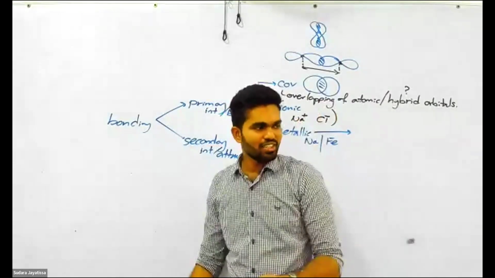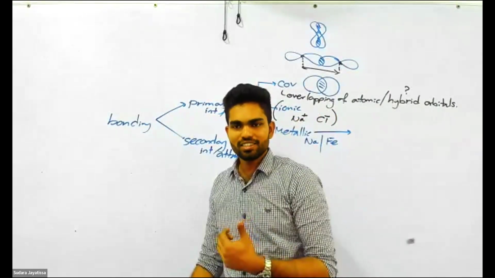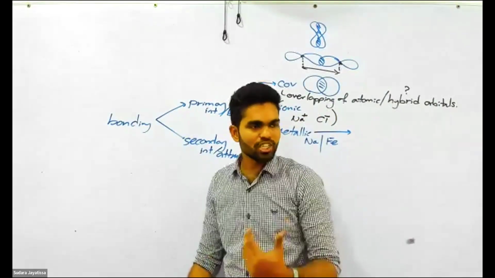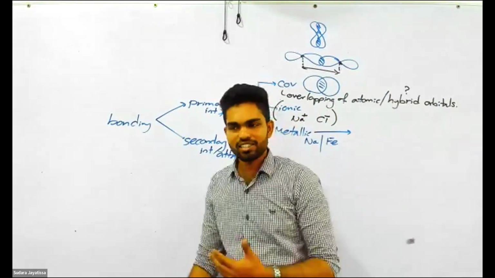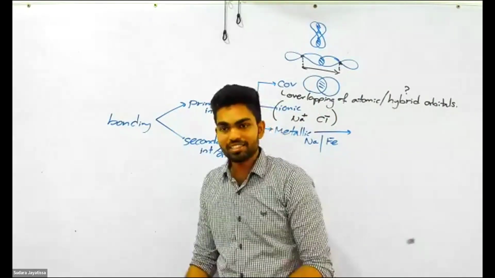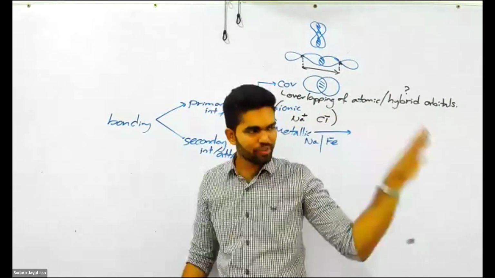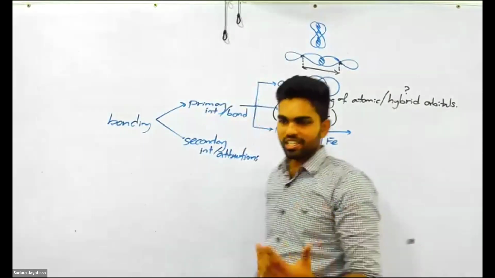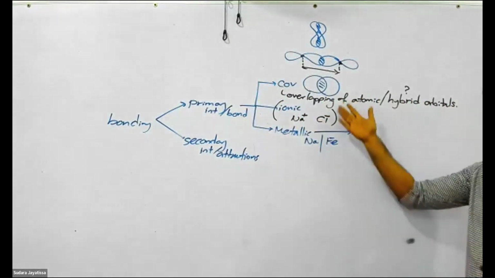What are they? You can hammer them into sheets, you can draw them into wires. Metals have this nice luster, and they are good thermal conductors. They have a set of different properties, but those properties can't be explained by covalent and ionic bonding.